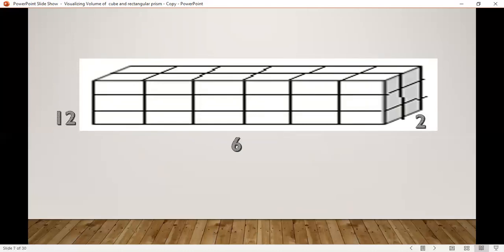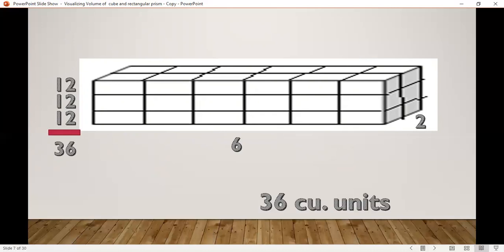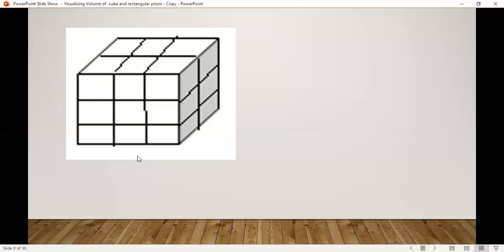So 12 each layer plus 12 plus 12 equal to 36 cubic units. Length 3, width 2. So there are 6 cubic units each layer. 6 plus 6 plus 6 equal to 18 cubic units.